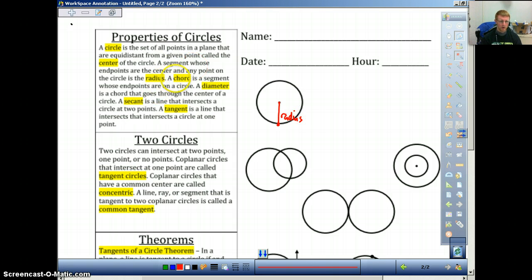Okay? A chord is a segment whose endpoints are on a circle. So a chord, I'll do that in a different color. That's considered a chord. It connects the endpoints, and it can be anything, but there's just an example of one. And then a diameter is a chord that goes through the center.